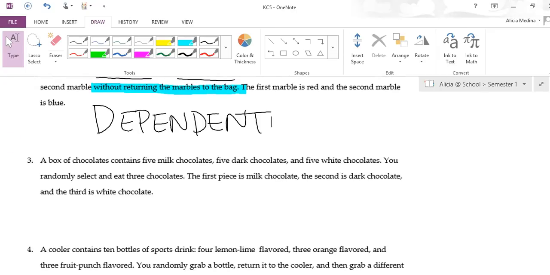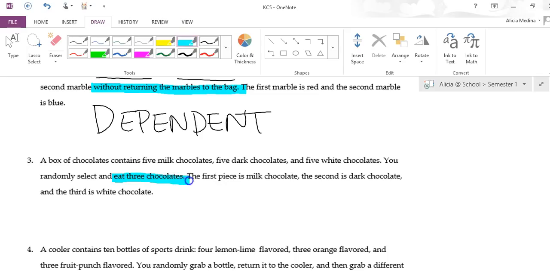Alright, number 3, a box of chocolates contains 5 milk chocolates, 5 dark chocolates, and 5 white chocolates. You randomly select and eat 3 chocolates. So we're picking 3. The first piece is milk chocolate, the second is dark chocolate, and the third is white chocolate. So, well, the thing is it doesn't really say I'm replacing it or I'm not replacing it, but think of what is actually happening.